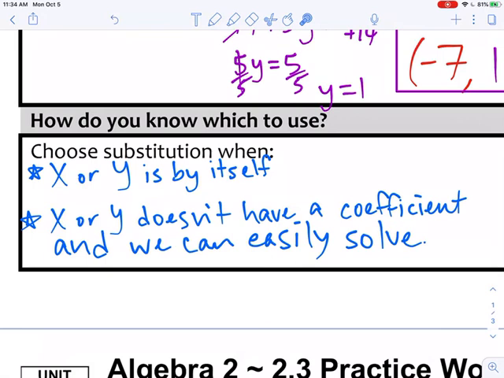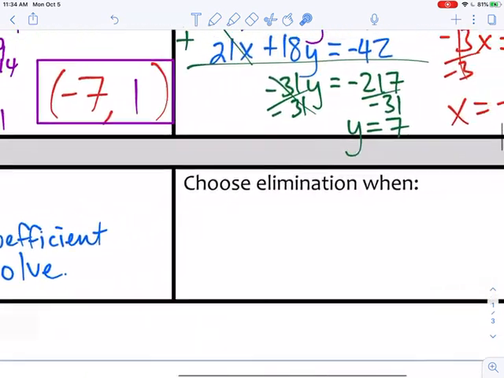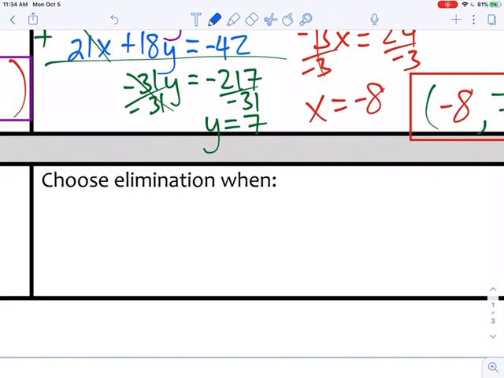Because if it doesn't have a coefficient, then we can just take the other variable and subtract it or add it to the other side. And that makes it really quick to make x or y be by itself. Now, when I'm doing elimination, I need to take note of when a variable's coefficient matches.